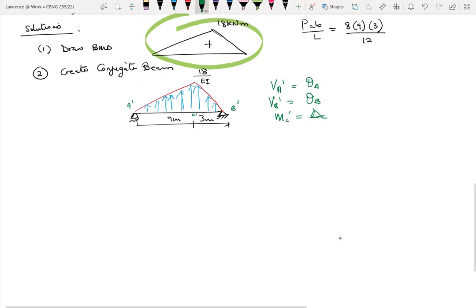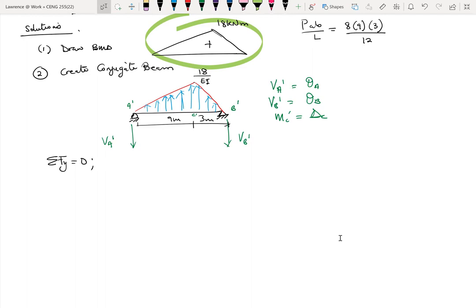Okay. So I have these support conditions. So this is VA prime and VB prime. Now let's solve for this. So summation of forces in the vertical direction is 0. I'm pretty sure you guys did varying distributed loads, or at least we've mentioned that. If you have a beam with a triangular load or a trapezoidal load on it, it is called a varying distributed load.